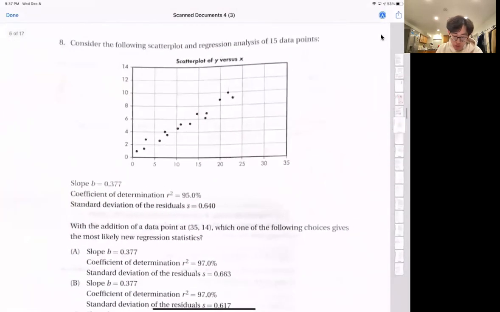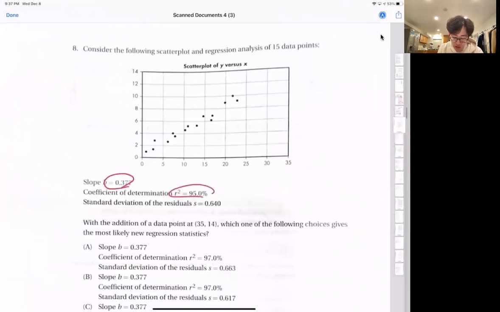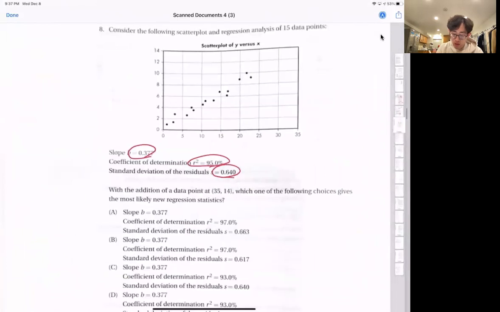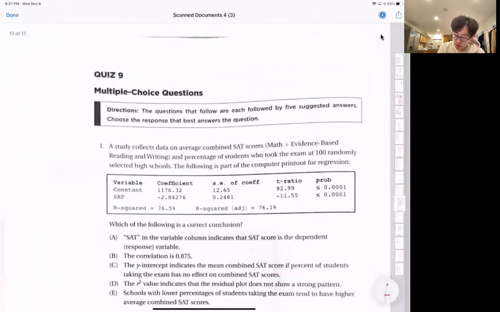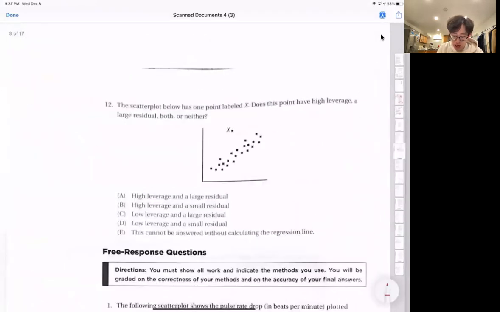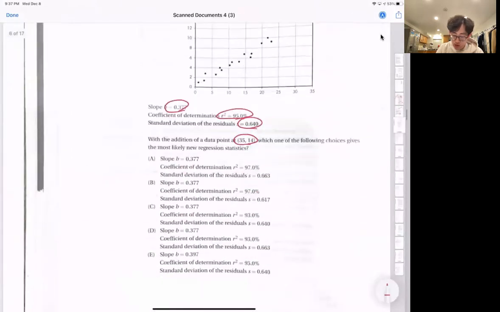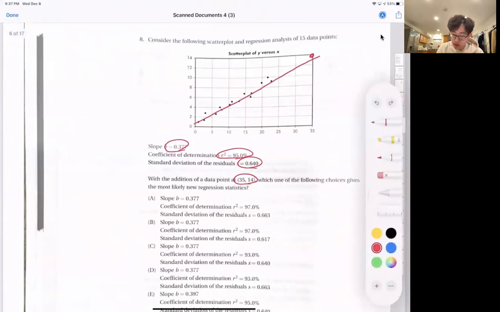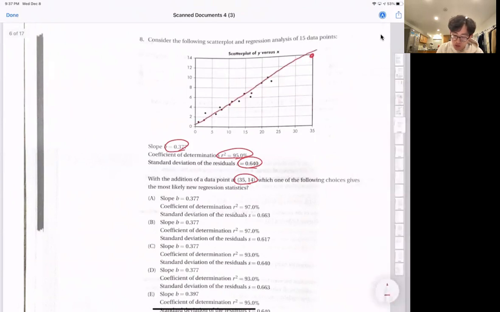Number A, slope is 0.377, R squared and S is given. A lot of you guys asked me a question about this. So first of all, if I actually add a point from 35 to 14 like this, you can see that if I were to draw an imaginary line, that was actually not a good one. So let me try my better one here.